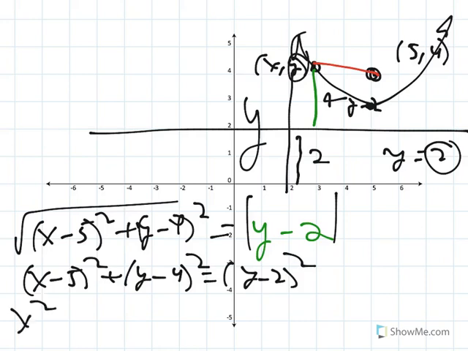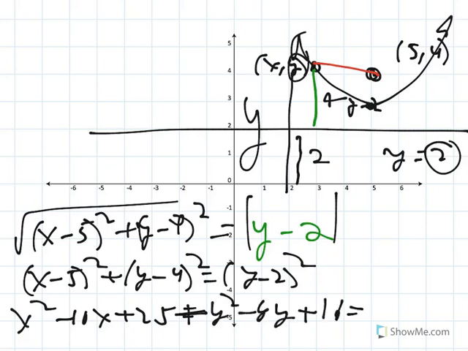Expand everything. x squared minus 10x plus 25 plus y squared minus 8y plus 16 equals y squared minus 4y plus 4.